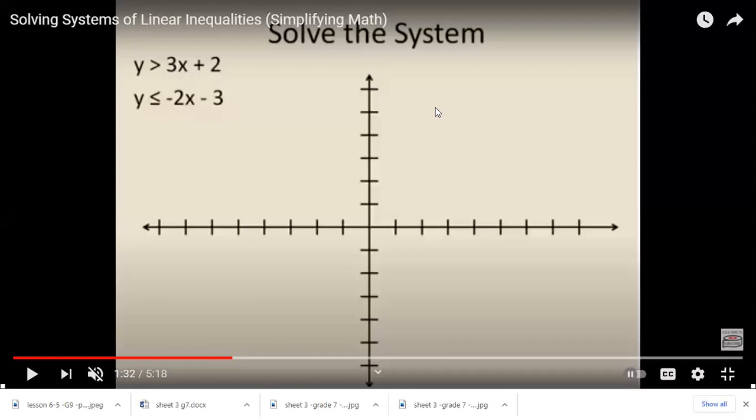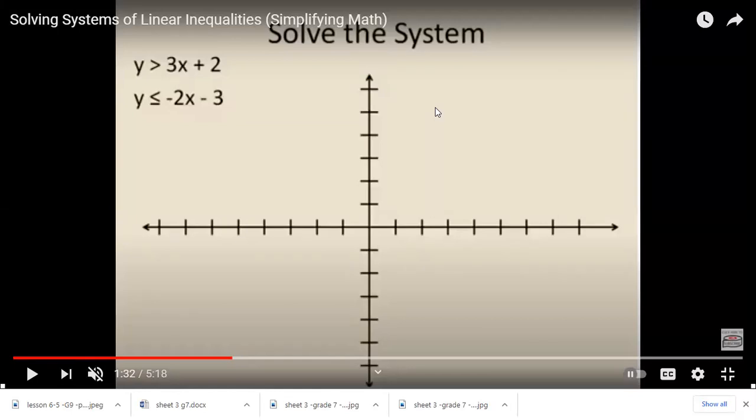Could you please tell me how we are going to represent the first inequality? Okay, at first we will plot the point on 2, and then because the slope is 3, we'll go up 3 and 1 to the right. Thank you. And then what about the line?